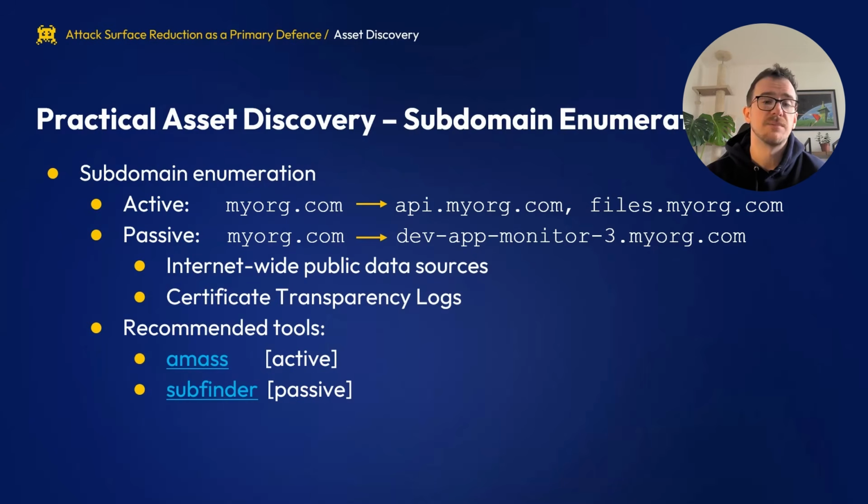We do a DNS lookup on each of those, and the ones that spit out an A record pointing at something, we know that that's a host. We know it's ours because it's a subdomain of the apex domain we fed in. We know it's pointing at something because there's an A record, and that's the output of active subdomain enumeration. So we can reach subdomains like api. and files. that perhaps we didn't know about.